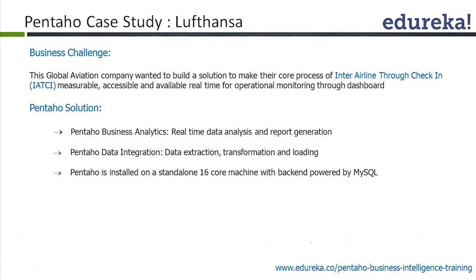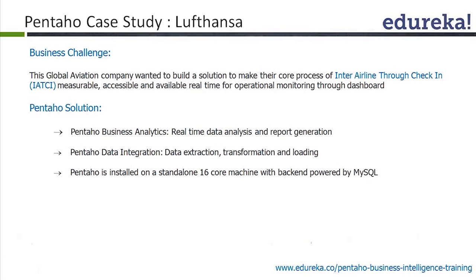That particular process is called the inter-airline through check-in process. When Lufthansa wanted to monitor that TCI process, they didn't have proper software with which they could analyze it in real time, and that was their problem statement.